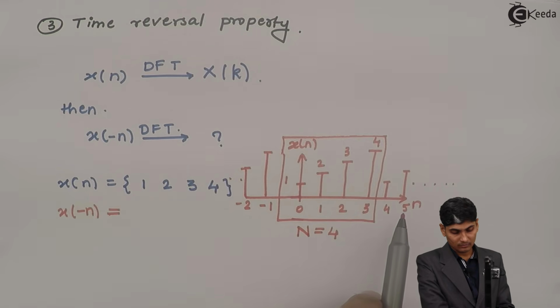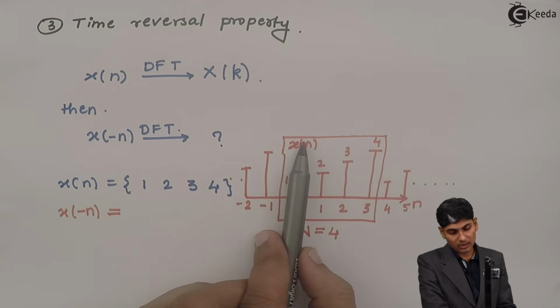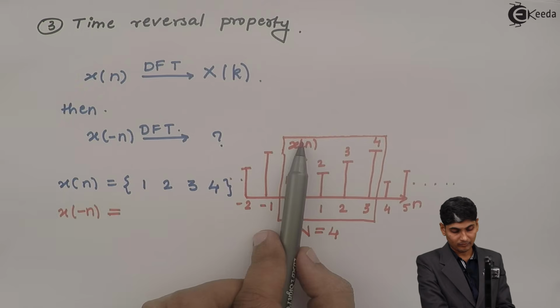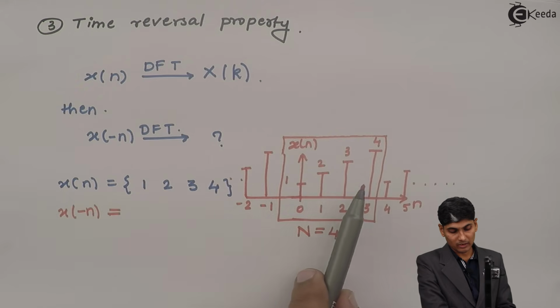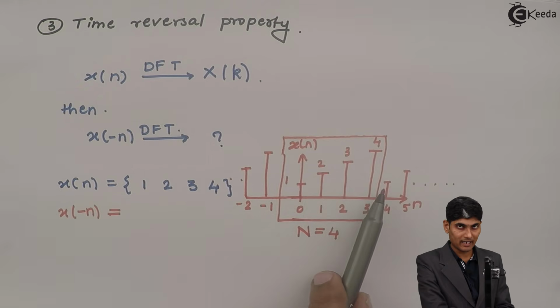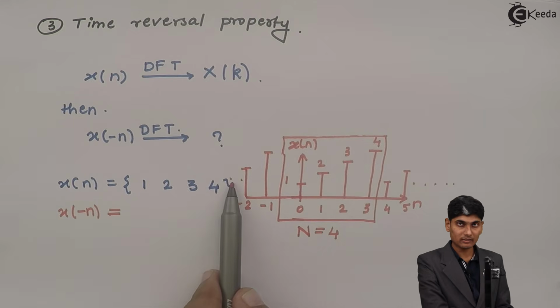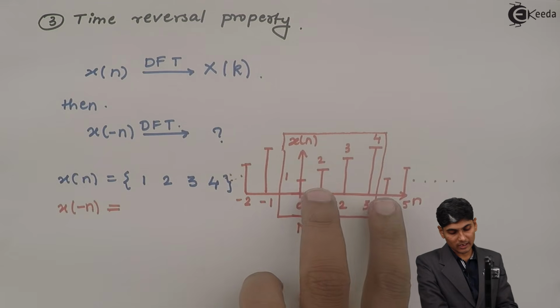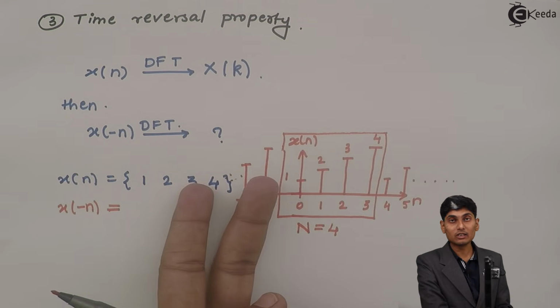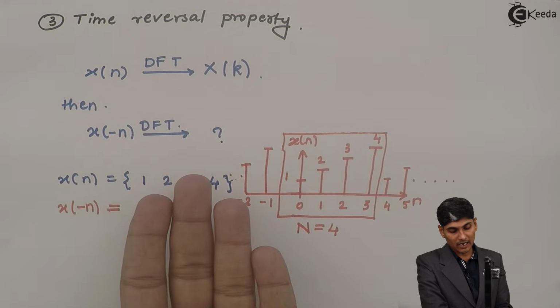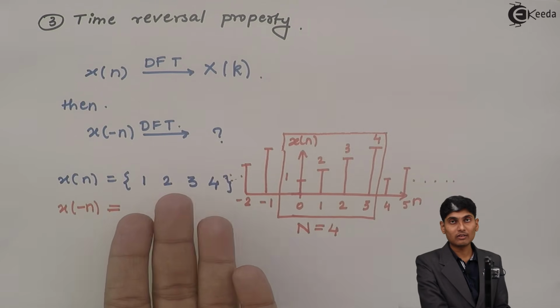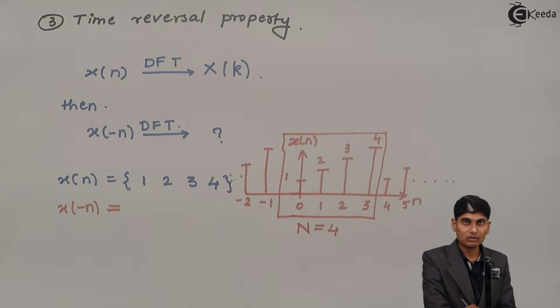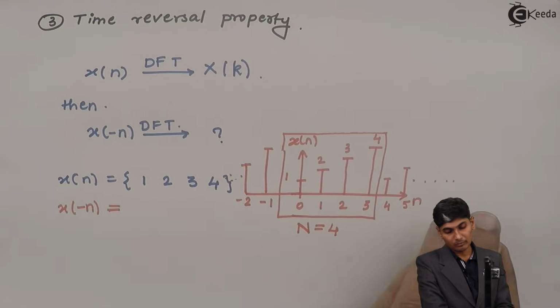Folding a signal or mirror imaging a signal is keeping the 0th sample as it is and transforming all the positive index n samples to negative index and negative index n samples to positive index. So I'll be taking up these samples and reflecting on the other side of the y-axis, and whatever is on the other side of the y-axis will be reflected back on the positive n index.